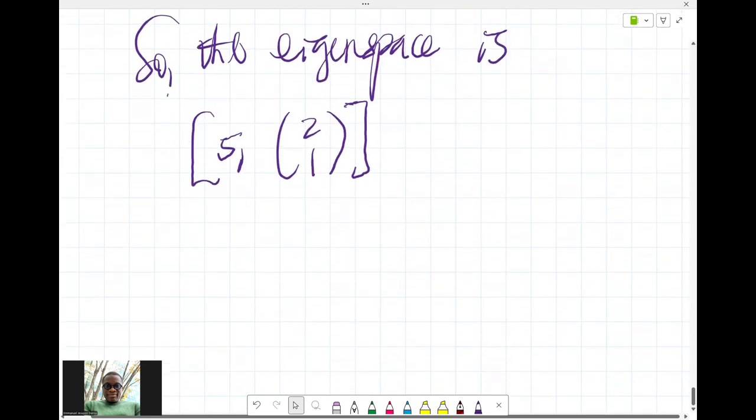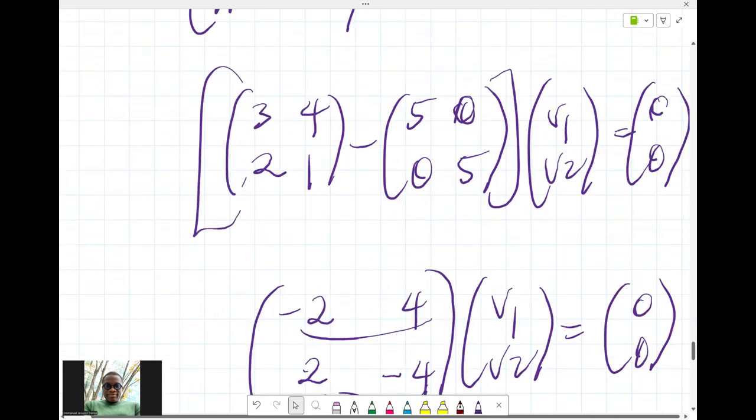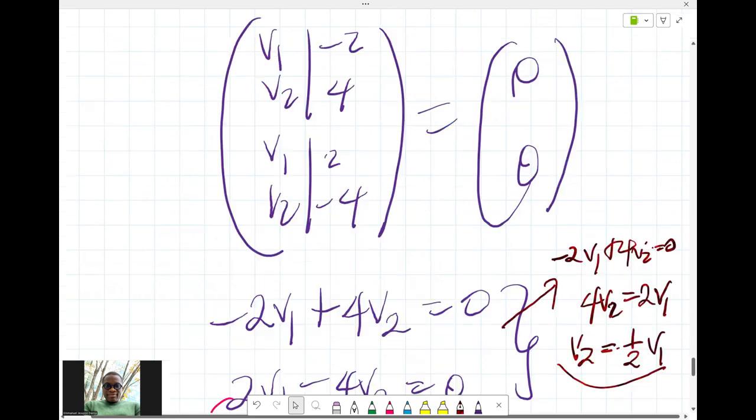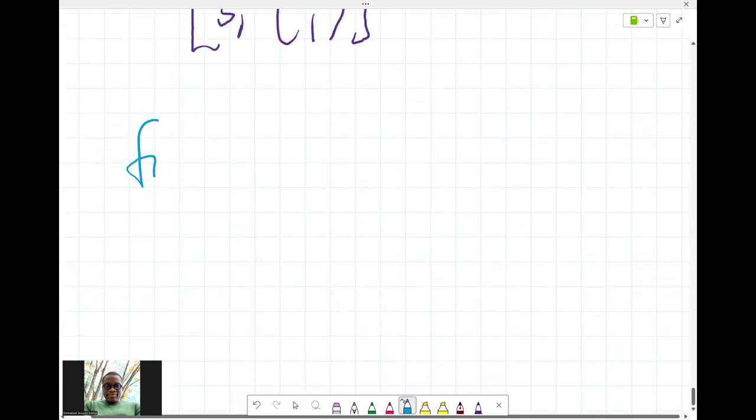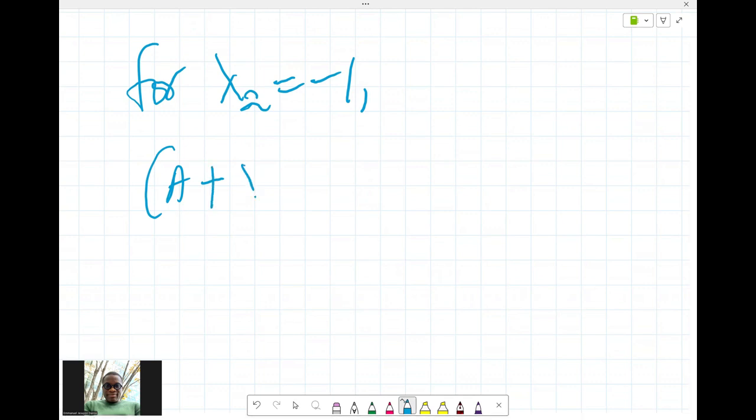But that's not all, right? We still have the other lambda, which is minus 1. So for lambda 2 equals minus 1, we now have A minus lambda I, so that'll be a plus now, A plus I, because lambda is minus 1. So for (A plus I) v equals 0, we are looking for v.